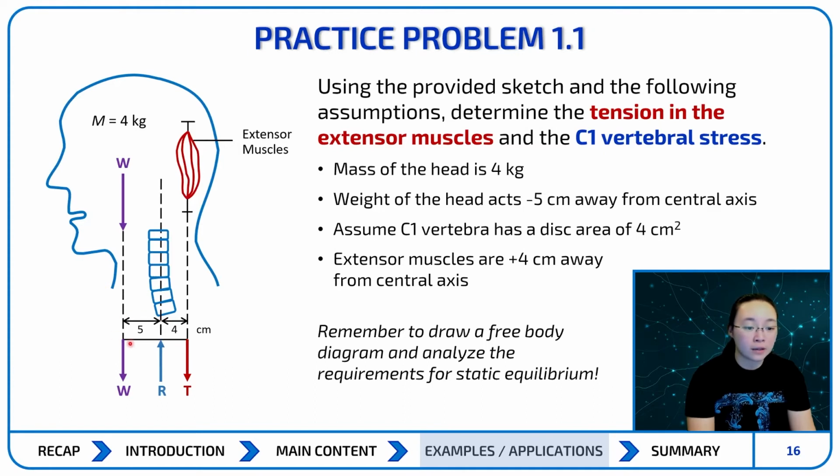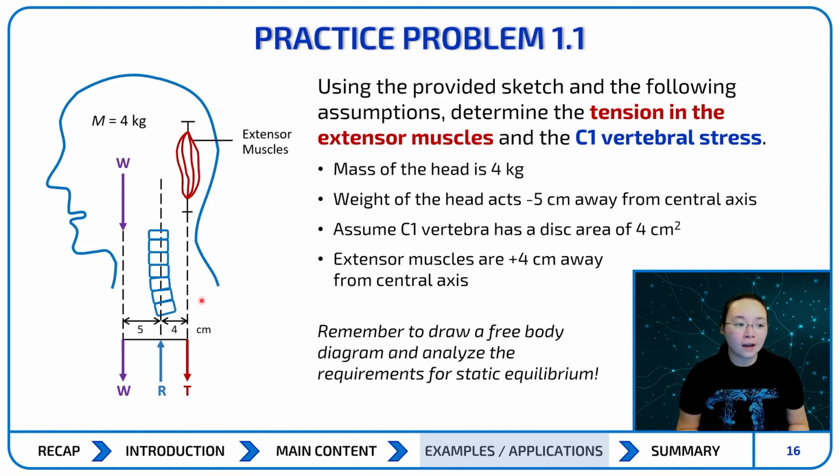So if I take a look at this, I have to be able to figure out something to do with static equilibrium. The first step to do is to draw a free body diagram of all the forces acting on the system, and then analyze all of the requirements for static equilibrium.